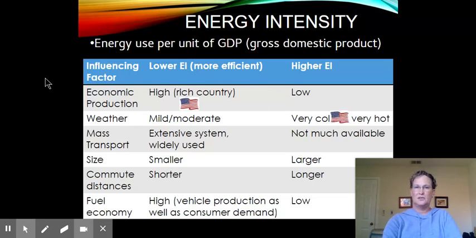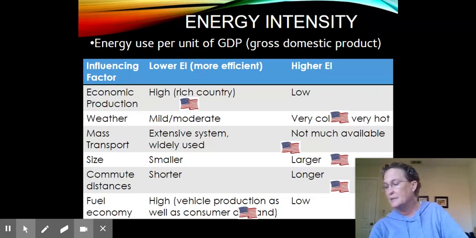So that's what the United States uses. For weather, we have very low and very hot. For mass transport, we don't have very many things used. For size, we're larger. For commute distances, it's longer. And then for fuel economy, we have high fuel economies.